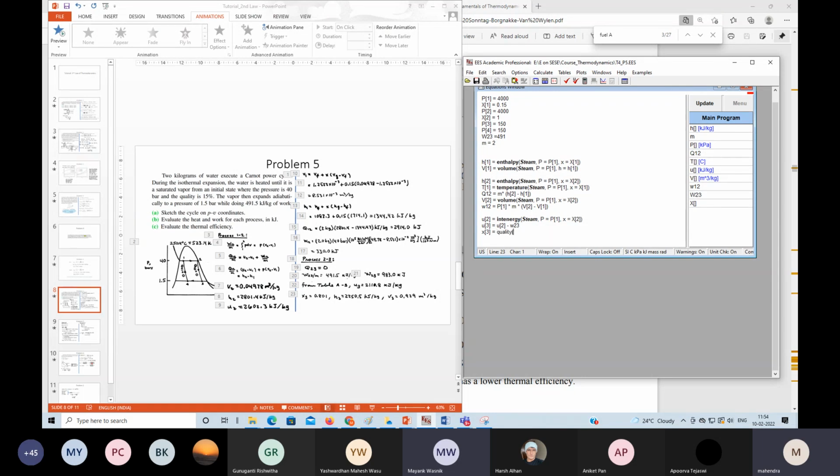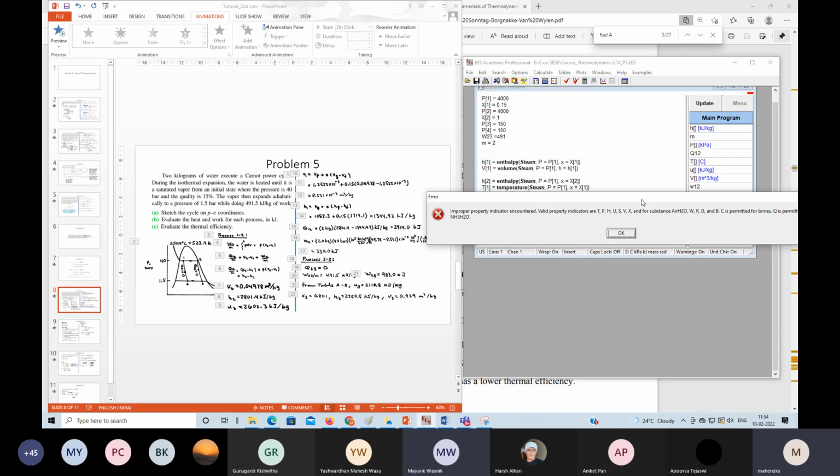Quality, yes, and then substance is steam, and then we know that operating pressure as P3, P equal to P3, and then U equal to U3. Anyhow, that point is representing 3, right? U3. Let me calculate X and see.